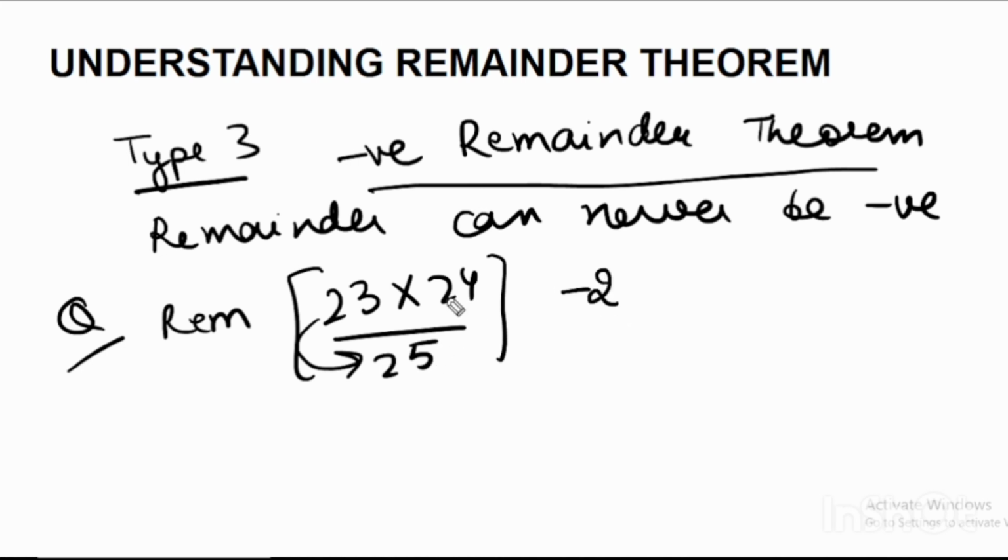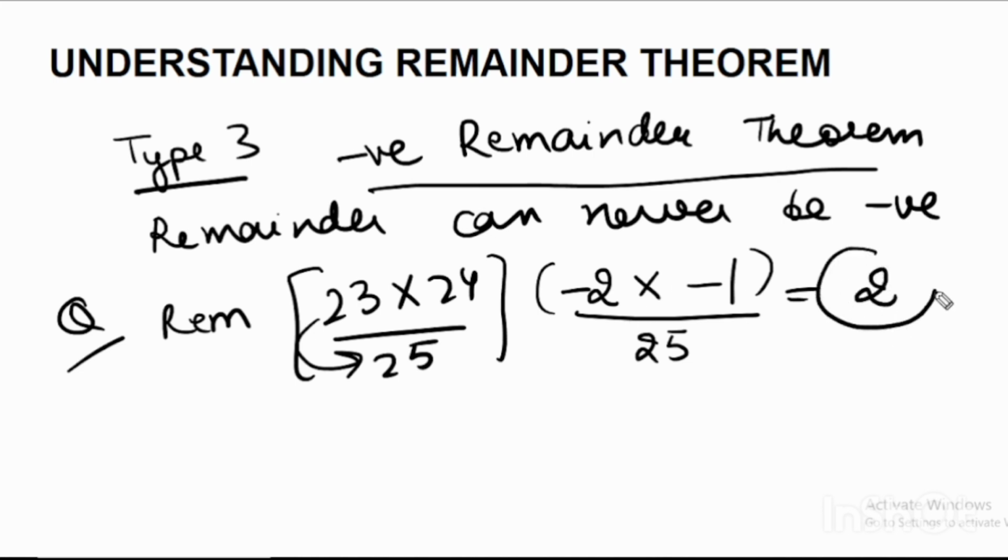If you have to go to 24 from 25, you have to do -1, divided by 25. In this case, your remainder will be -1 into -2, that is 2.